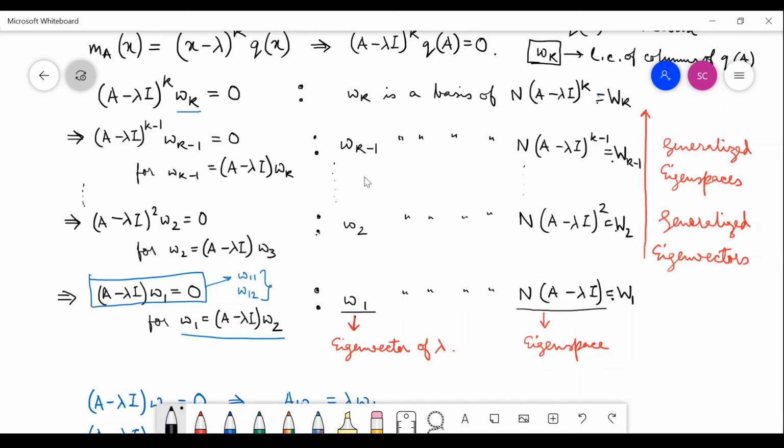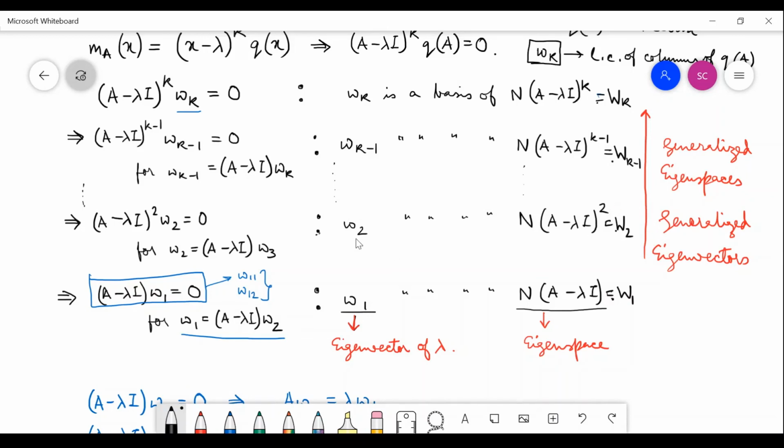Similarly, omega k minus 2 is also a basis vector of W k minus 1. So I can say that omega k minus 1 is a new basis vector of W k minus 1, which was not part of the basis of W k minus 2. Omega 2 forms a basis vector of all the higher eigenspaces, but it is a new basis vector of its corresponding eigenspace.